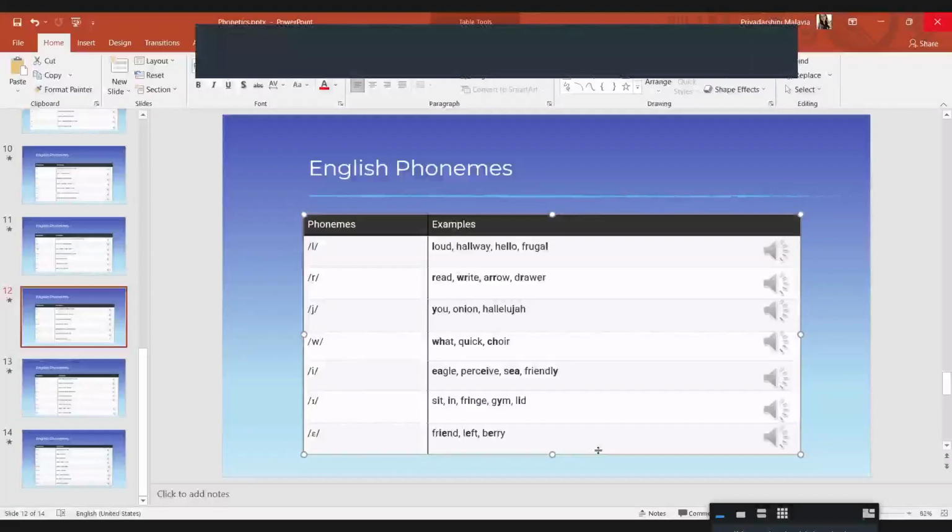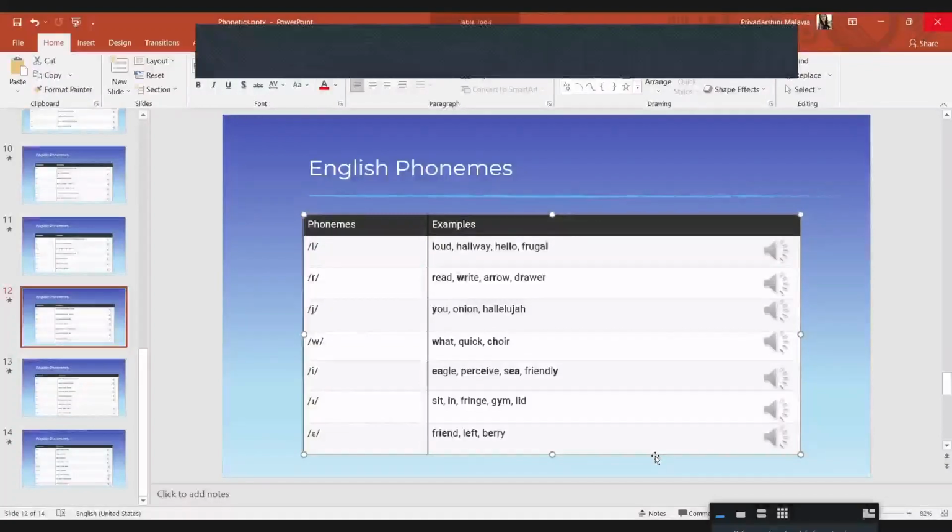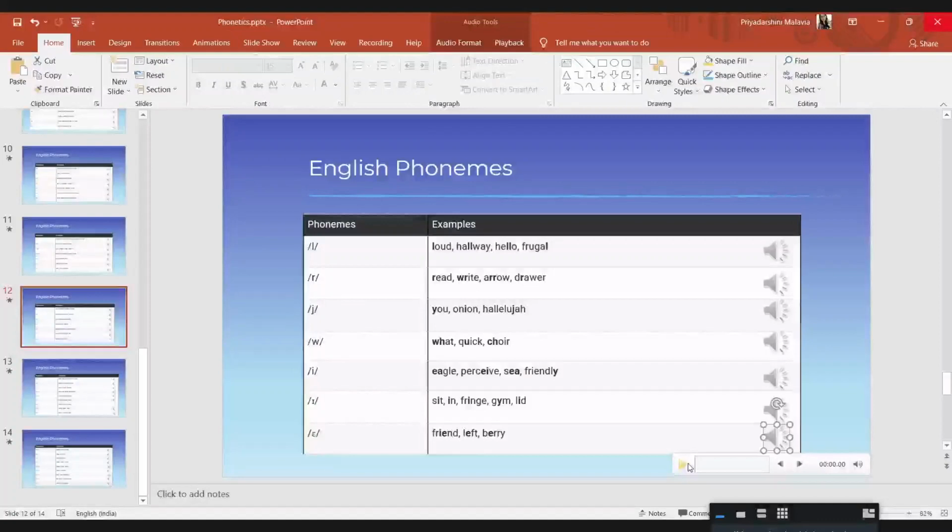Now let's talk about the last one on this slide. E, basically the e sound as in the letter e. So friend, left, berry. The e sound in a word is usually caused by an e in the middle, basically this phoneme.